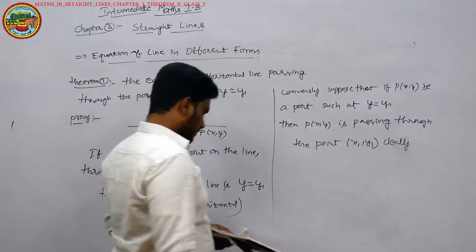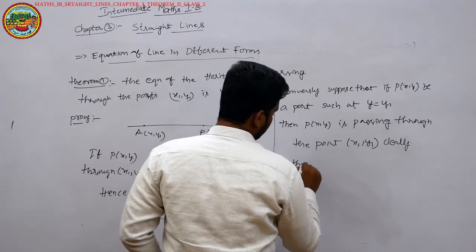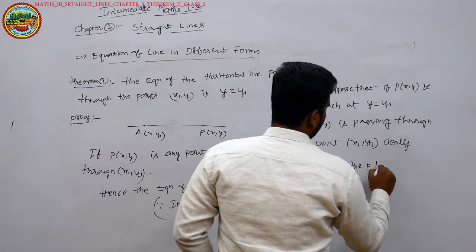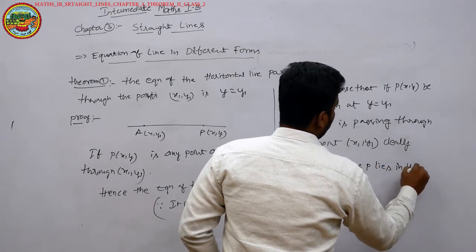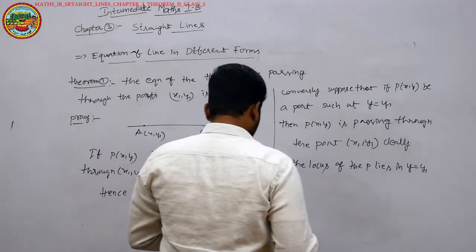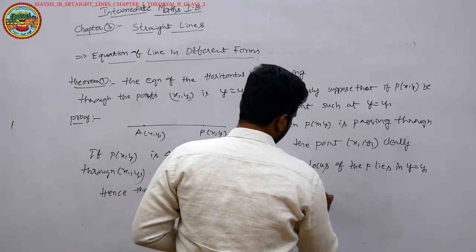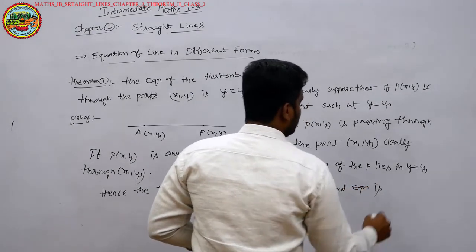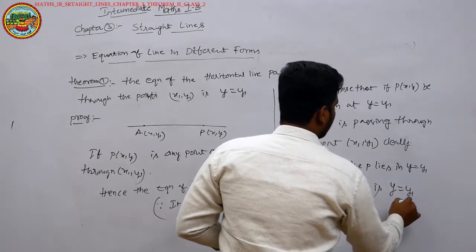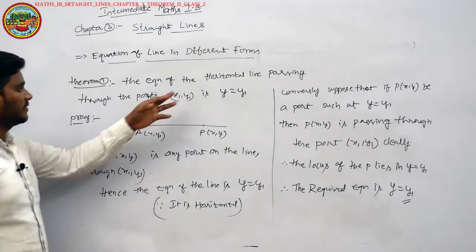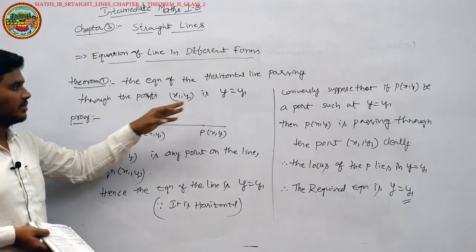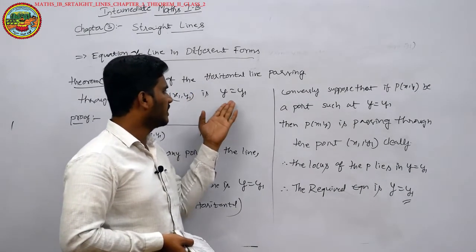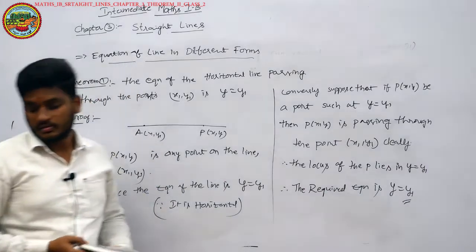Therefore the locus of the P, locus means the equation of the P, lies in y is equal to y1. Therefore the required equation is y is equal to y1. The equation of the horizontal line passing through the point x1 comma y1 is y is equal to y1. So for a horizontal line passing through any point, the equation is y is equal to y1.